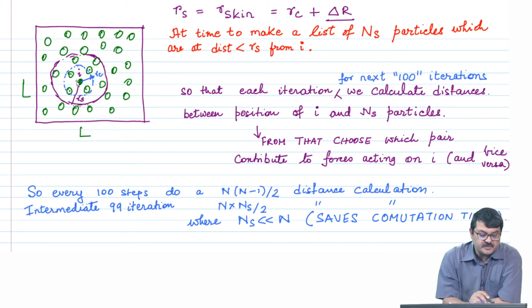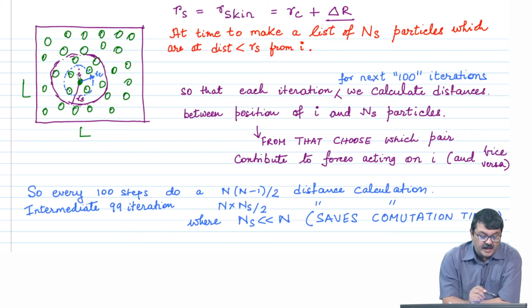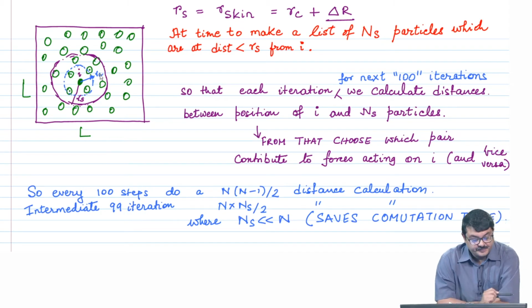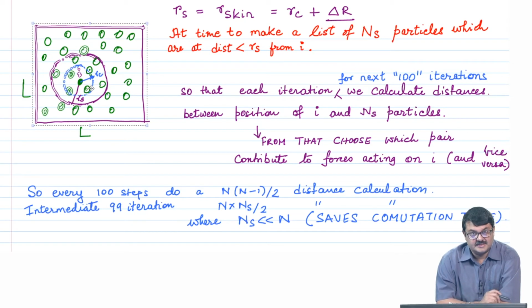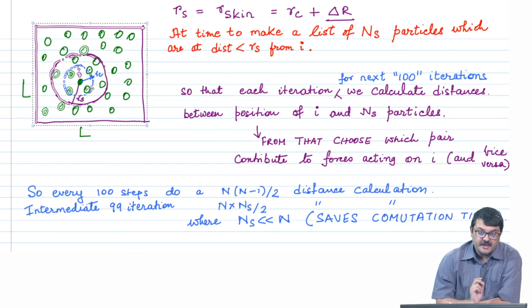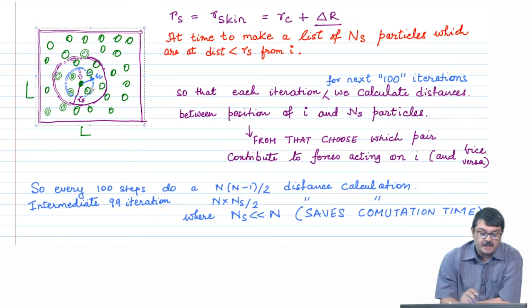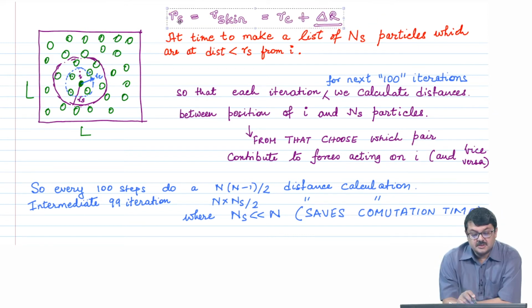Suppose this is particle I. I have basically taken the same figure which was in the previous slide, and this is your r c. These three particles are within the distance r c at time t equal to 0, say. Now, at time t equal to 0, you draw another circle, or sphere if you are in 3D, of radius r s.